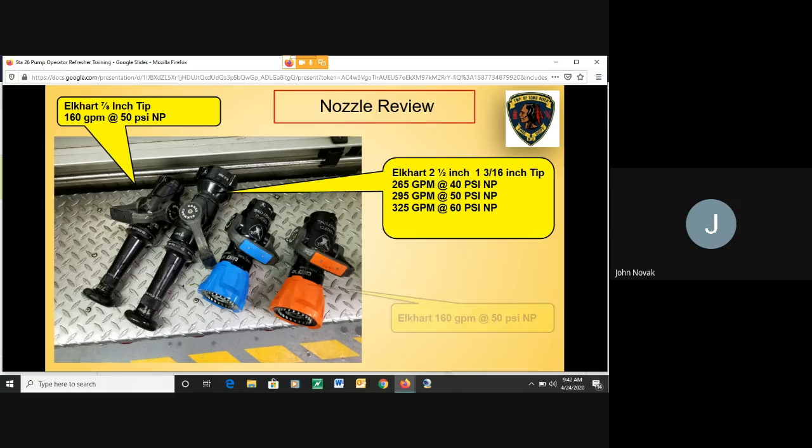Moving forward this year under Chief Sears, he continued the upgrade of the nozzles, which I think is a great thing. We recently received 4 fog nozzles, Elkhart Brass nozzles, and they are 160 GPM at 50 pounds nozzle pressure. So they match the smoothbore 1 3/4. So for the pump operator, you don't have to worry about what's the nozzle pressure.